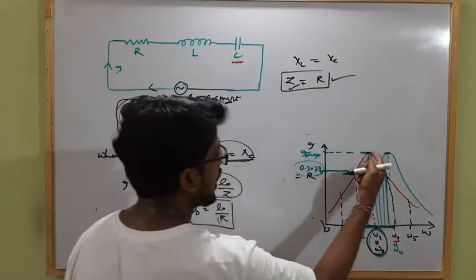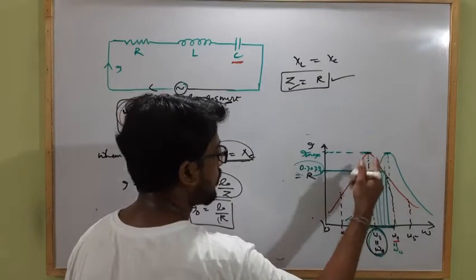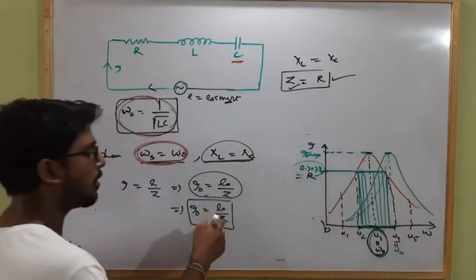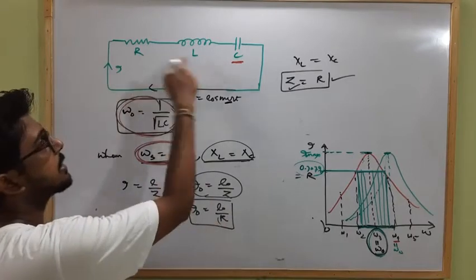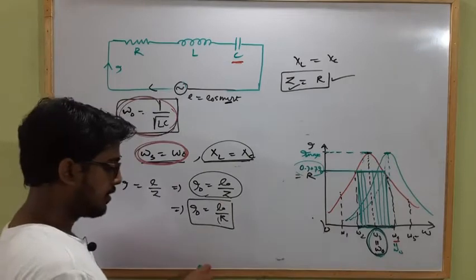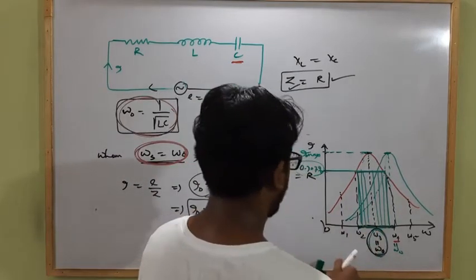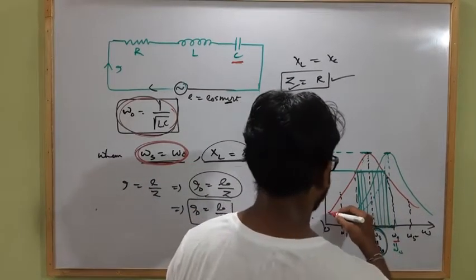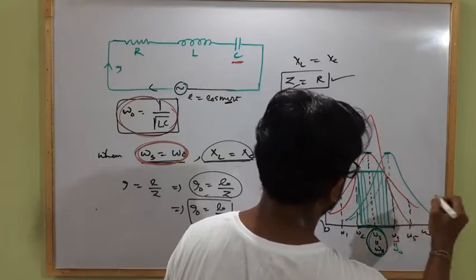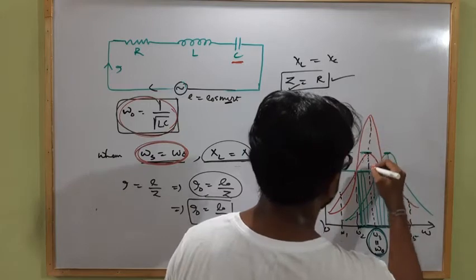Here we already have the maximum value of I naught, but if for omega 3 equal to omega naught I further decrease the resistance in the LCR circuit, then the current value will increase, and the graph for omega 3 will become sharper like this.